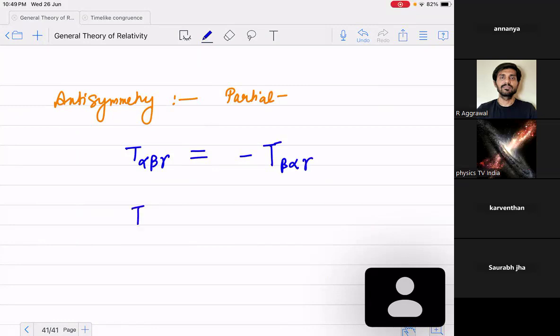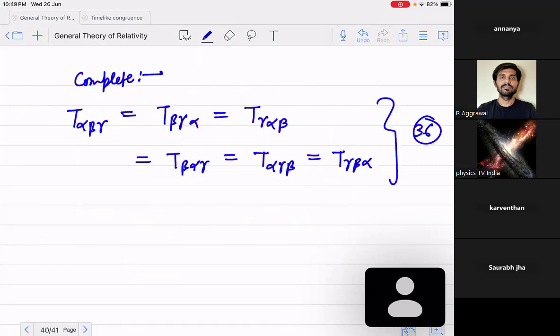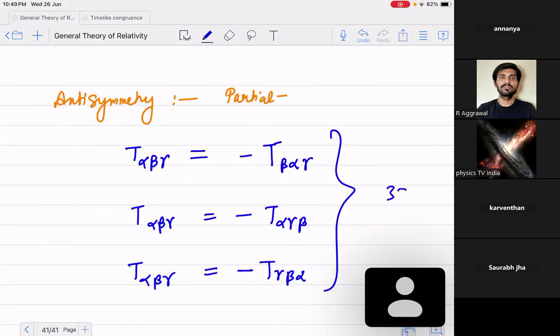Similarly, it is not symmetric in the interchange of the last two indices. Similarly, it's not symmetric in the interchange of the first and third indices. Okay. It is the partial antisymmetric condition. And what is the complete antisymmetric?